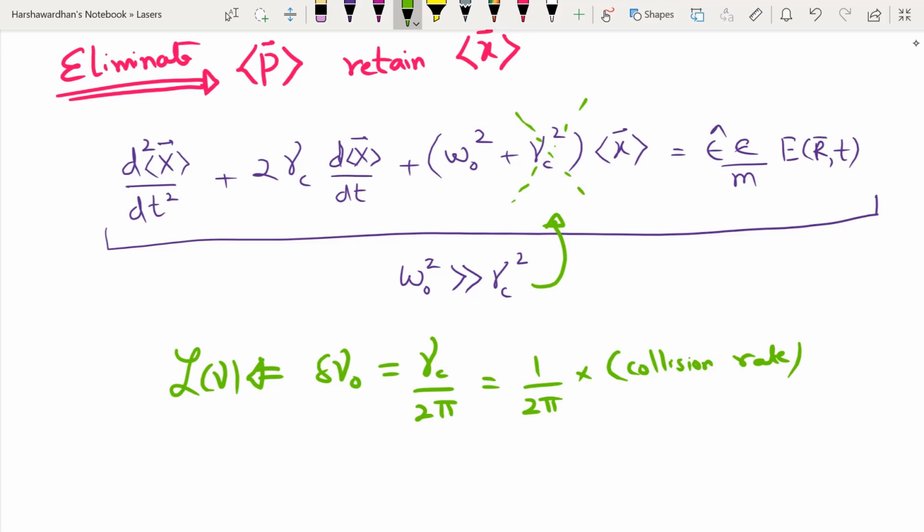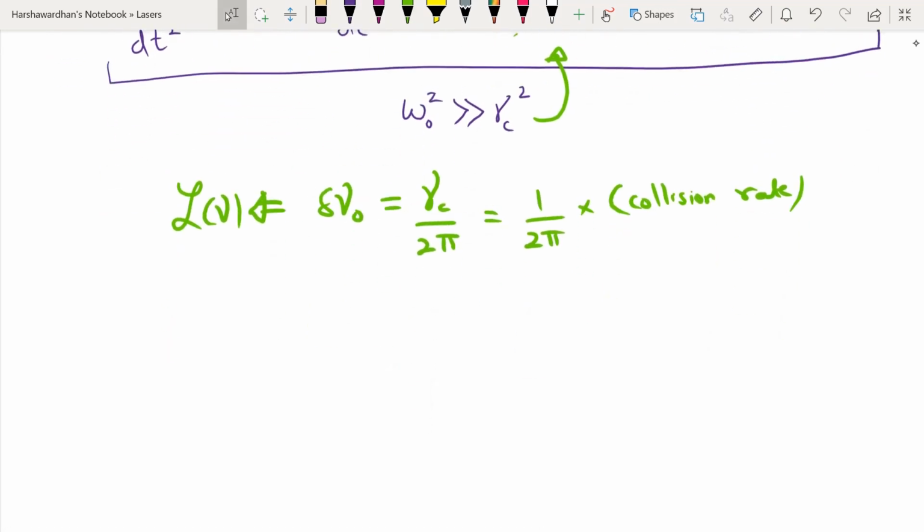So imagine that you had an atom which had spontaneous emission decay, and it was also having this collisional broadening mechanism. Then my delta nu naught will have multiple contributions. One of them comes from A21 by 2 pi, plus you would have gamma c by 2 pi as this extra term because of the collisional broadening.